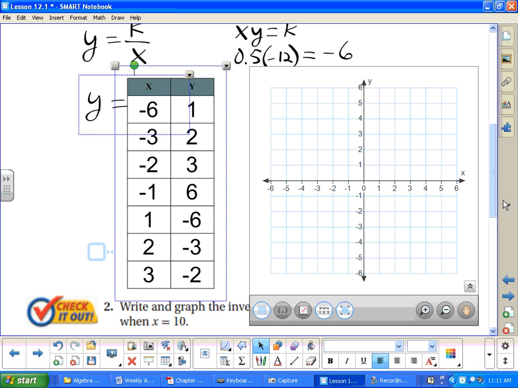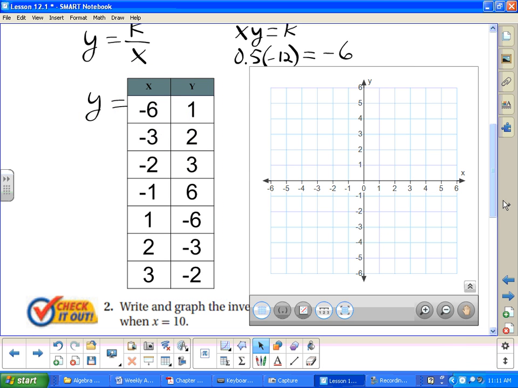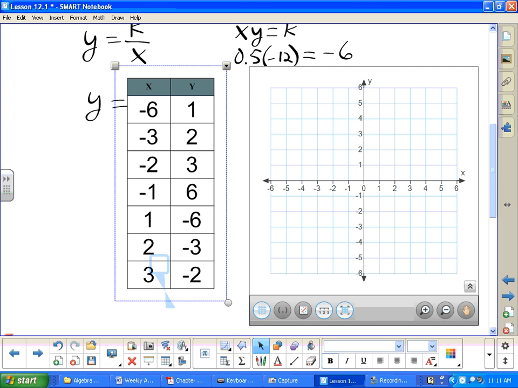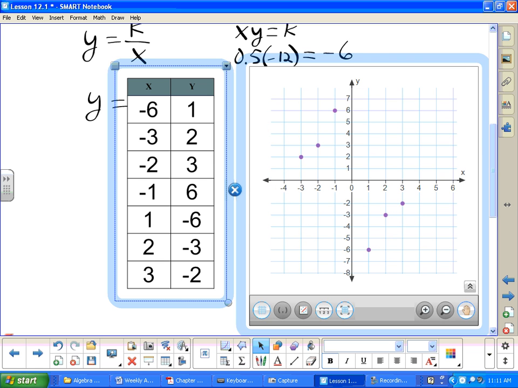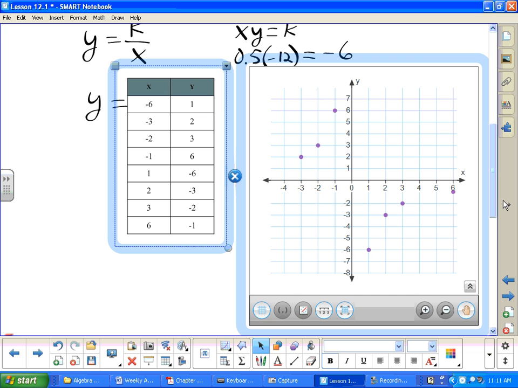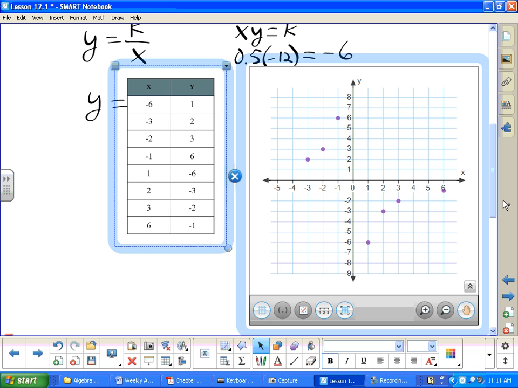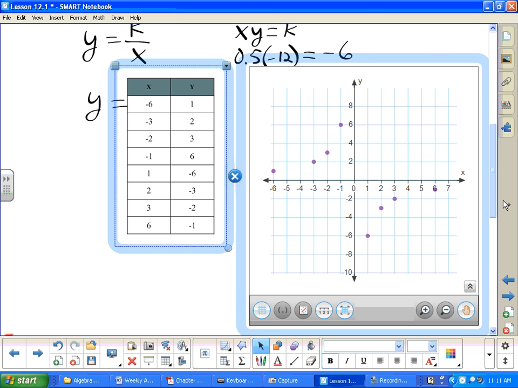So we plot those points on my graph. Where did I get these numbers from again for the x values?